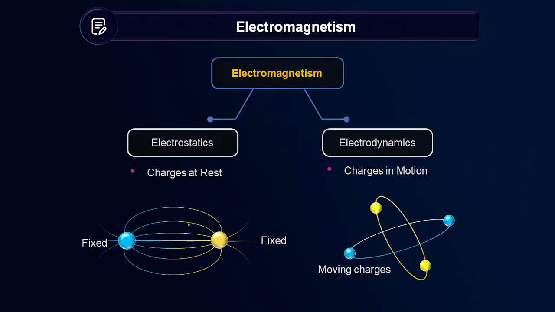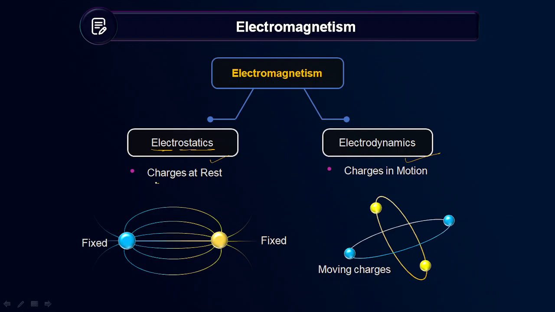So, let us start. First of all, when we say electromagnetism, it is basically nothing but the combination of electrostatics and electrodynamics. Now electrostatics, as you can see by the name, electro means charge and static means at rest.